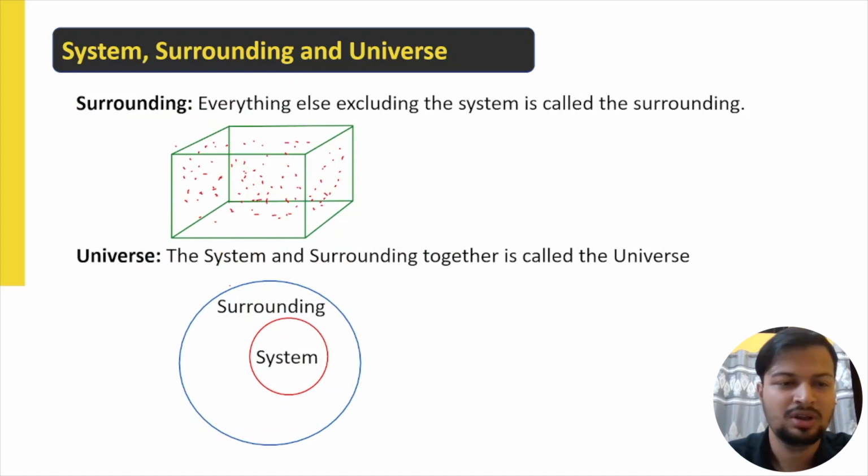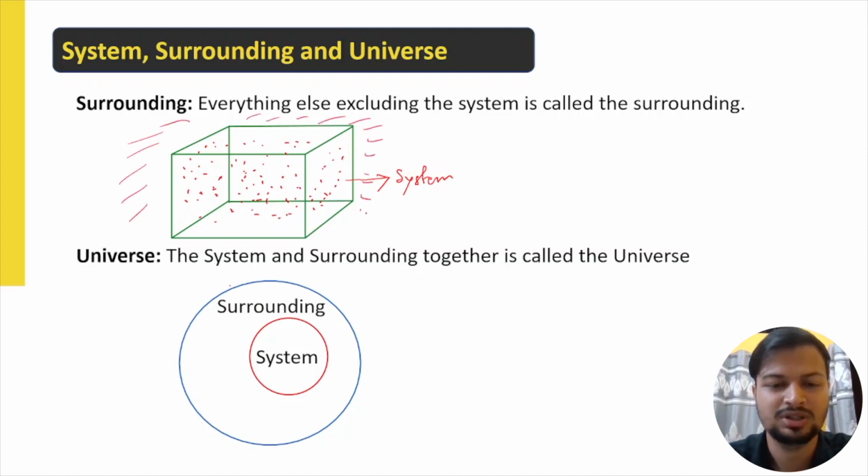Then what is the surrounding? Everything else except the system is called the surrounding. If we are doing our analysis for this box, this box will be our system, and everything else surrounding this box will be our surrounding.